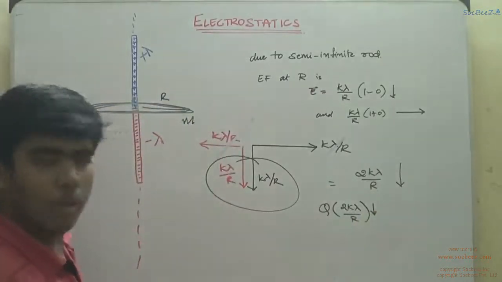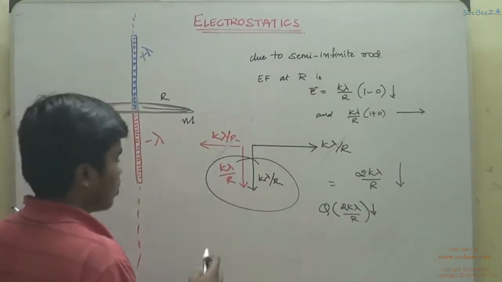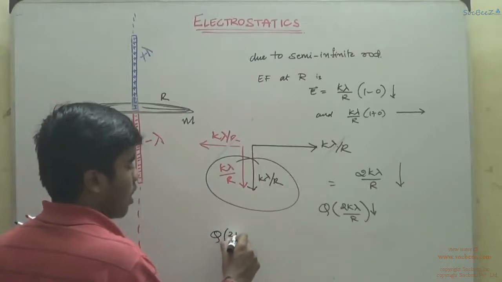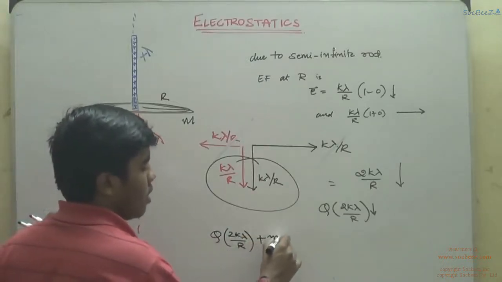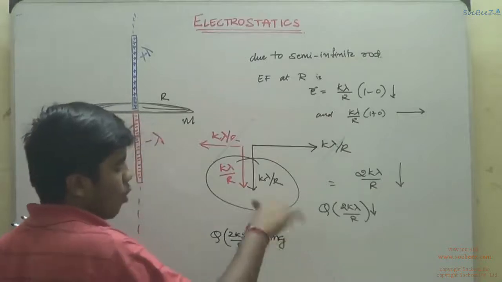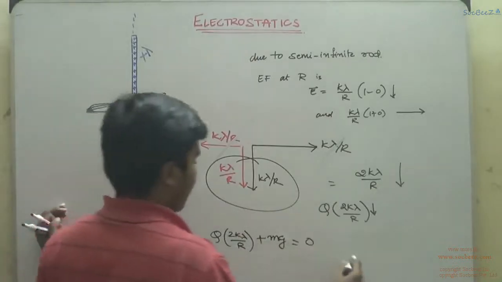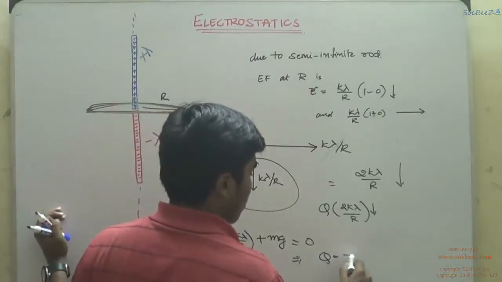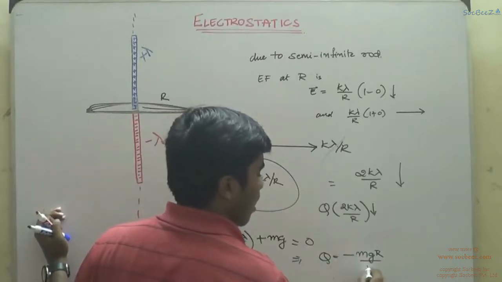For this ring to be in equilibrium, the net force acting on it should be 0. So what is the net force? Q times 2k lambda by r plus mg is the net downward force, and there is no other force present, so this should be equal to 0, which implies that Q is equal to minus mg r by k lambda.